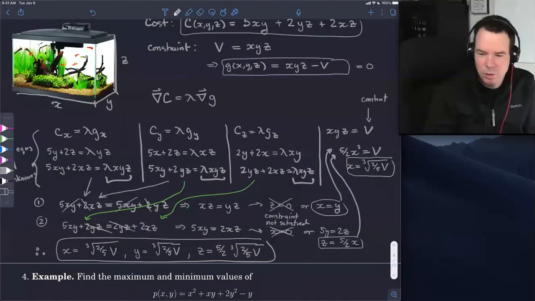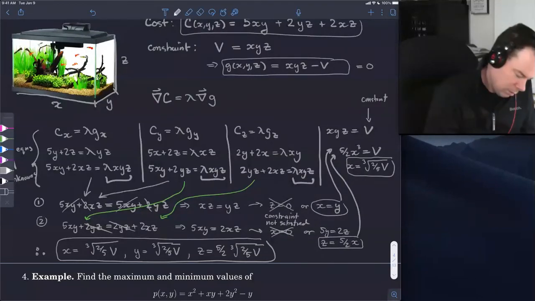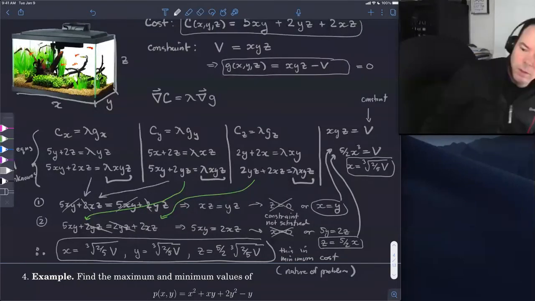You may wonder, how do you know it's a minimum? We didn't actually do that. So this is minimum cost, minimum because of the nature of the problem. What do I mean by that?